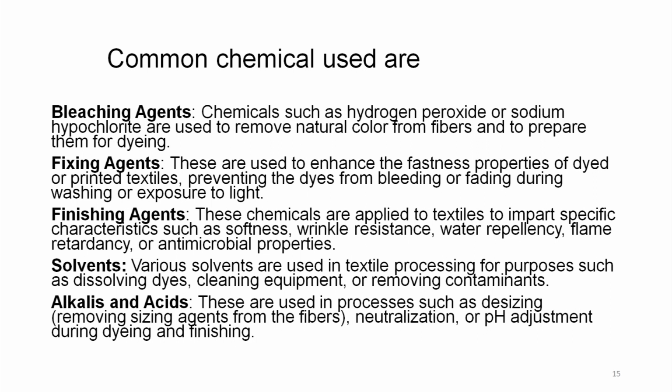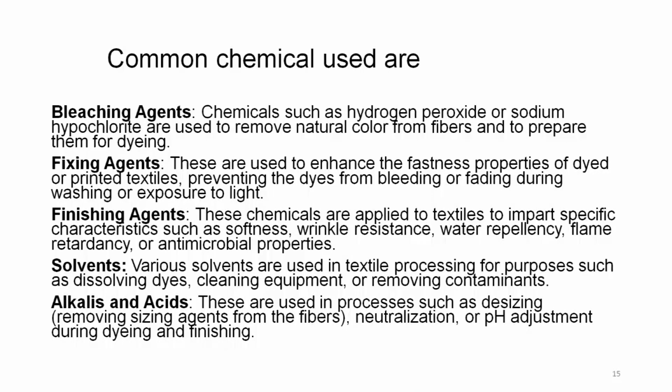It needs to be bleached in order to make it colorless, so that while dyeing the new colors adhere to the fabric. Fixing agents are used to enhance the fastness properties of dyed or printed textile, preventing the dyes from bleeding or fading during washing or exposure to light.